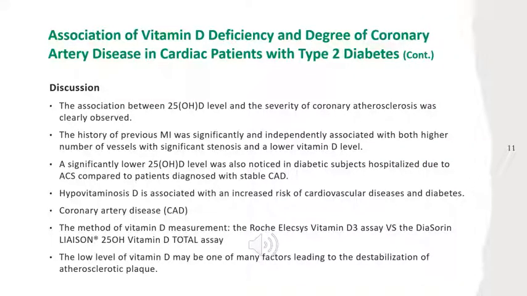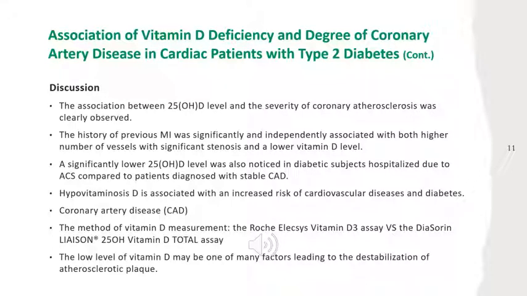A significantly lower 25-hydroxy vitamin D level was also noticed in diabetic subjects hospitalized due to ACS compared to patients diagnosed with stable CAD. Multiple studies suggested that hypovitaminosis D is associated with an increased risk of cardiovascular diseases and diabetes.